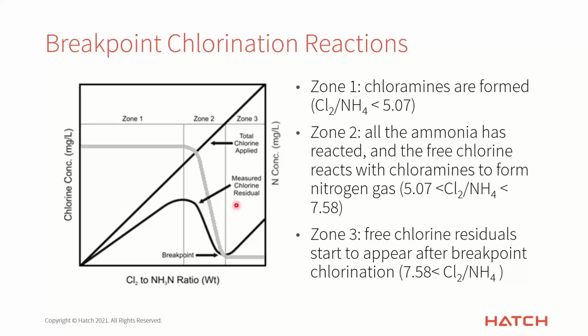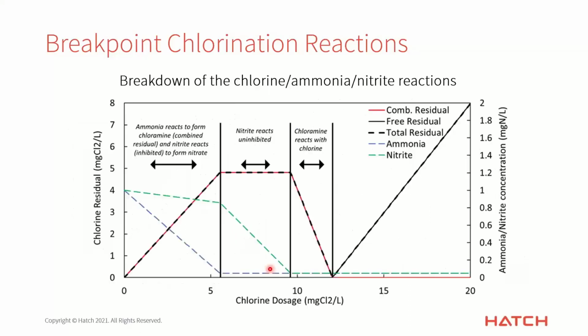And then in this third zone, all the chloramines and all the ammonia have reacted. So any chlorine that you're adding to the system is just showing up now as a free chlorine residual. That's the basic idea of breakpoint chlorination, trying to get to this free chlorine residual over here to disinfect the wastewater.